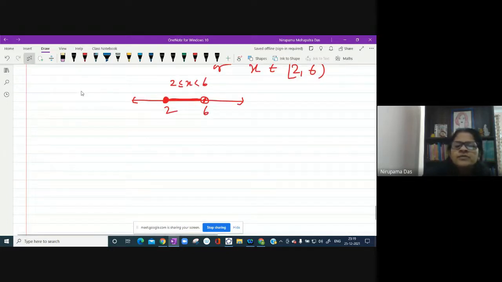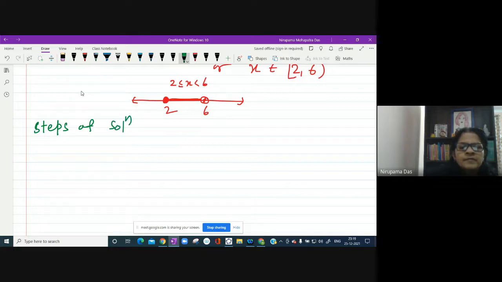If you want, I can give you the steps of solution before we wind up the class. Steps of solution. Step 1, write the inequation.